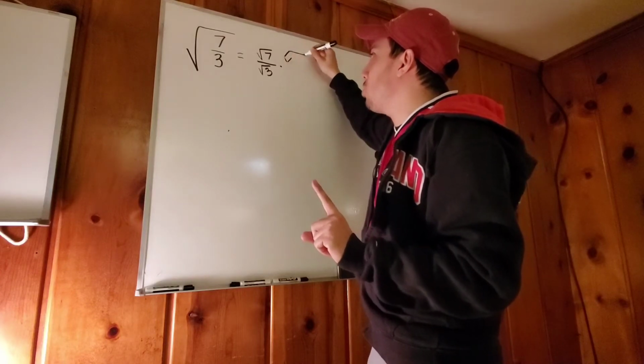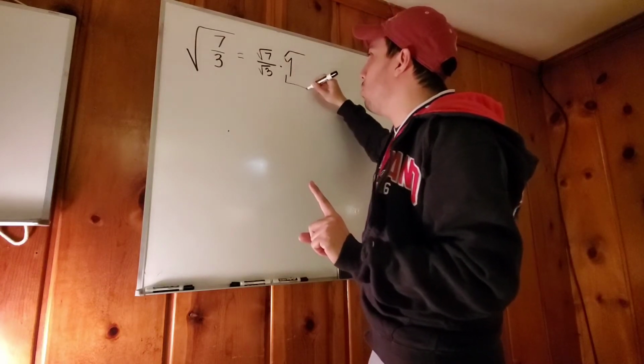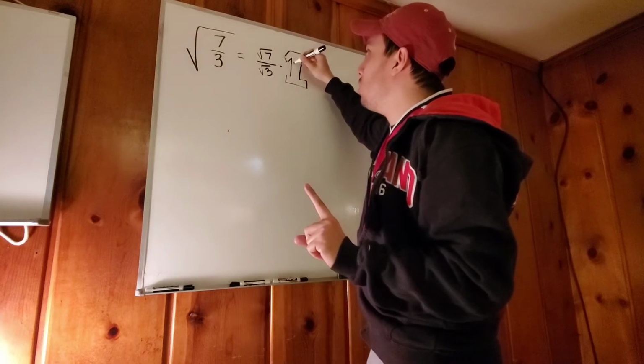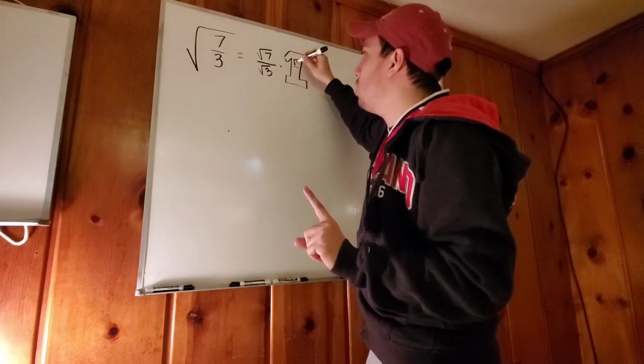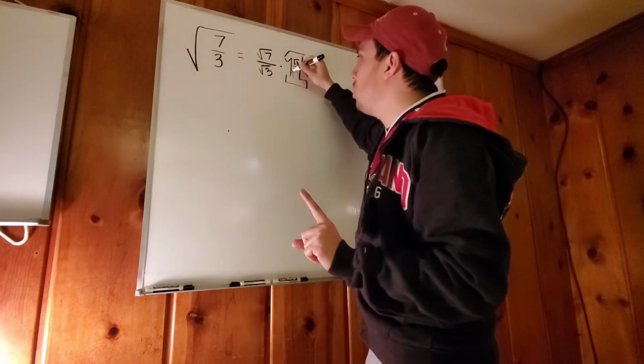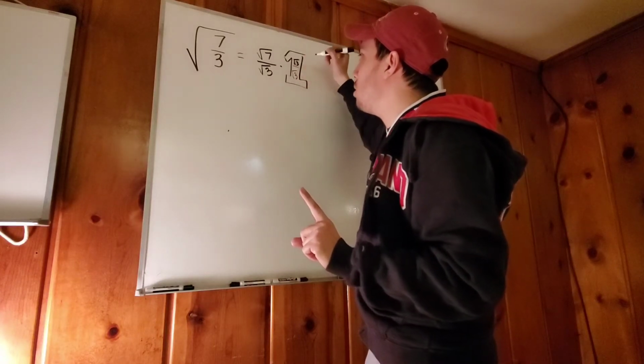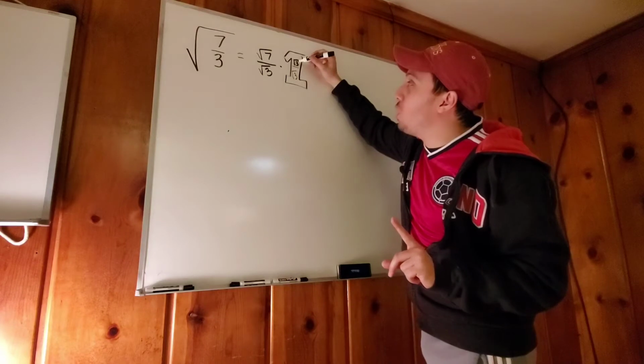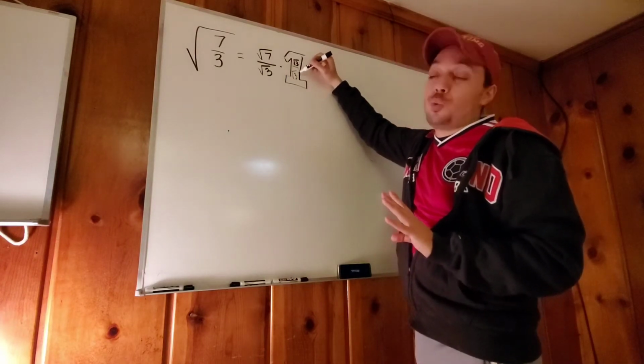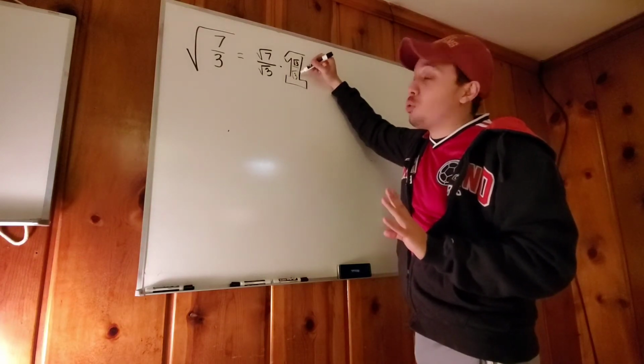Okay, I think I actually explained this last year too. Not sure, in 8th grade? Maybe I did. Maybe I didn't. So this 1 is going to be seen as the square root of 3 over the square root of 3.